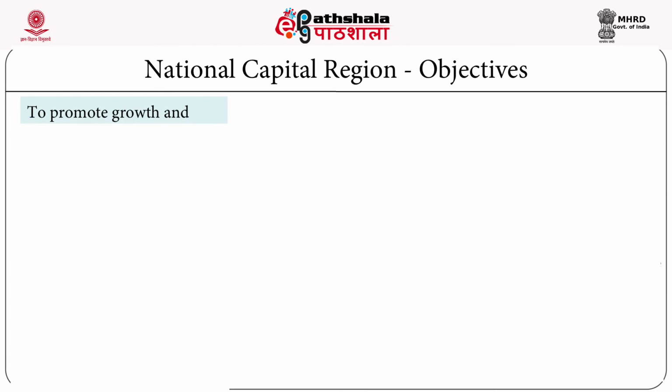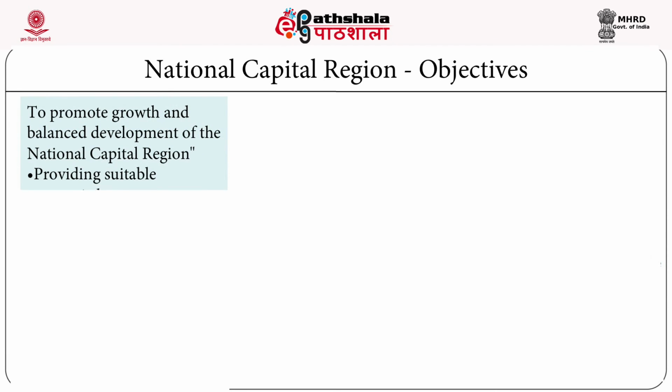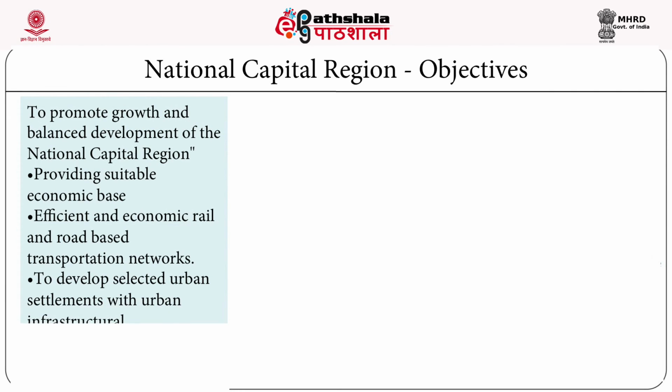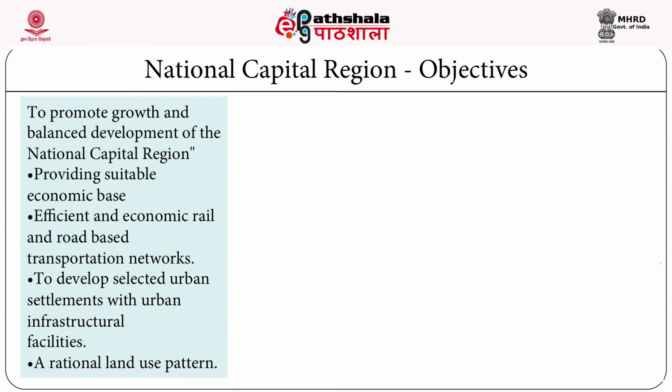Now, what were the objectives of this regional plan? It was first to promote growth and balanced development of the National Capital Region, to provide a suitable economic base for efficient and economic rail and road-based transportation networks, and to develop selected urban settlements with urban infrastructure facilities and a rational land use pattern.